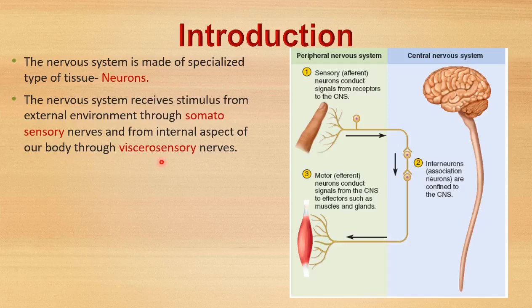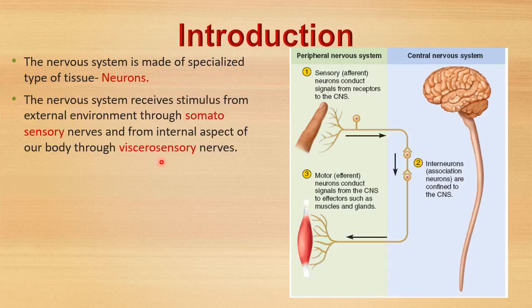They also receive stimulus. Most commonly you have visceral pain. You also have, for example, whether your stomach is full or your bladder is full. So these are also visceroceptive sensations.